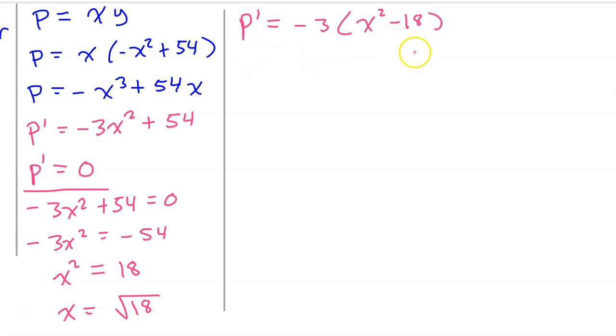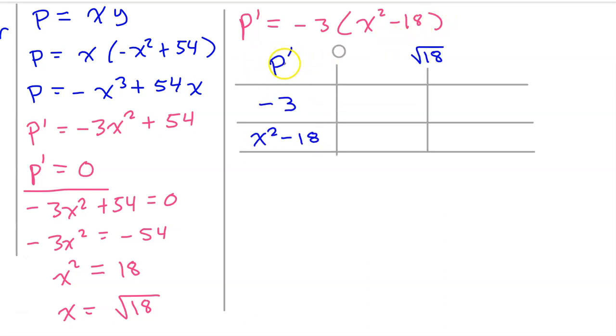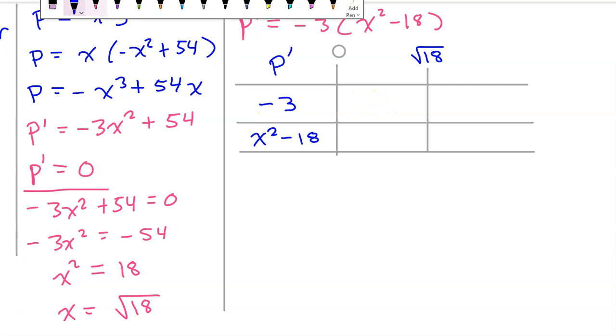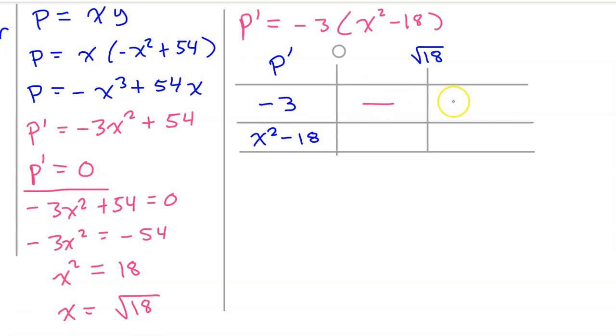Now let's make that sign chart. Label your sign chart with the p prime. I'm going to put 2 rows, one for each factor, and there's my one critical value. Also, the lower limit here is 0 because we are told that x has to be positive. Obviously, negative 3 is negative in every interval, so I'm going to put a minus here and here.